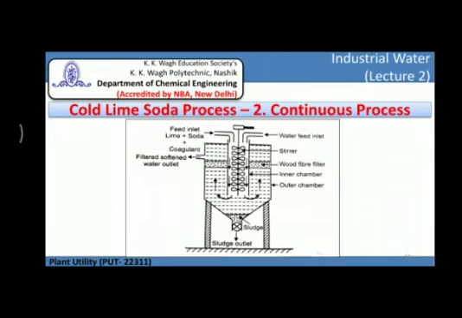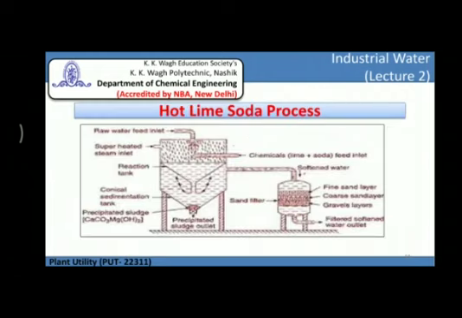The soft water coming out of this wood fiber filter is removed from this filtered water outlet, and after some time the sludge is removed from this process. This process is continuous, meaning there is a continuous feed of water and lime soda to remove the dissolved impurities inside the water.